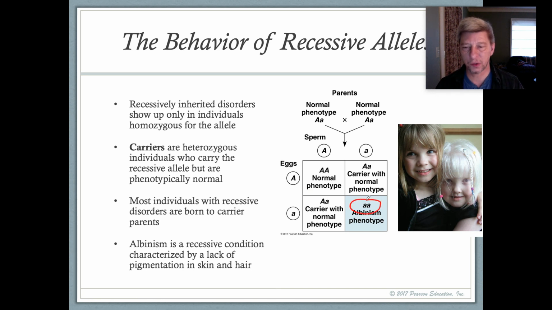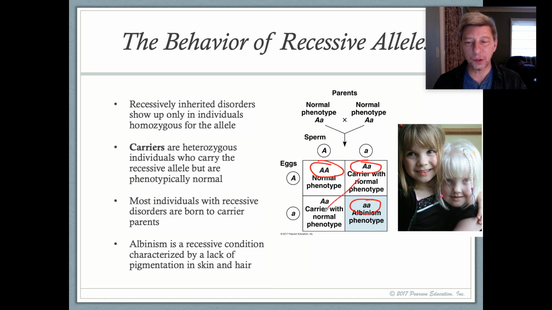So here's the young lady on the right-hand side who has two recessive alleles for albinism. All right, the other three boxes in the Punnett square are either homozygous dominant, which shows the normal phenotype, or heterozygous, which shows, again, the dominant phenotype.